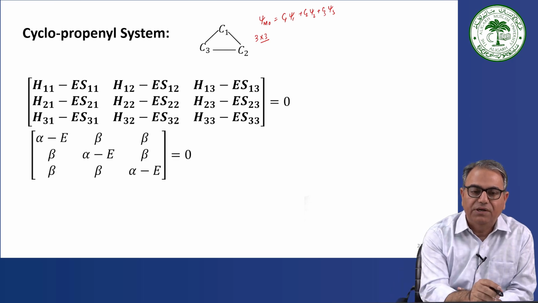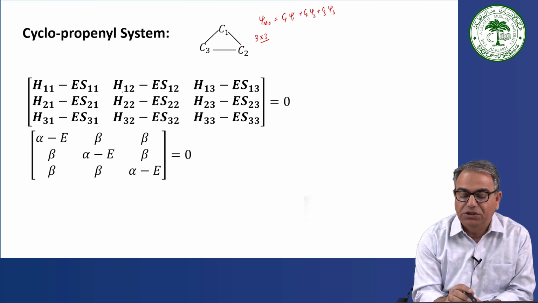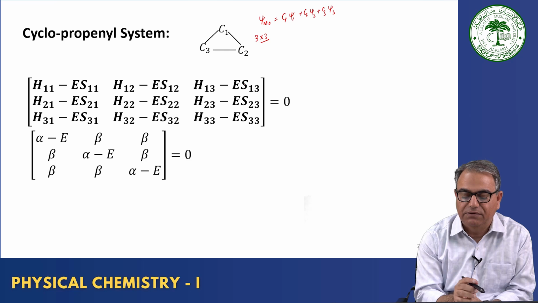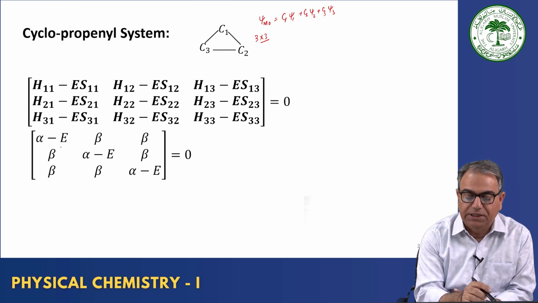See, H11 we will write alpha minus E S11, which will be 1 because it's a normalization condition. Then H12 is bonded, so H12 is beta, minus E S12 will become 0, so this term will go. H13 is also bonded, okay, so it is beta, and minus E S13 again is 0, so it will go, so beta term. H21 is also bonded, so it is beta.